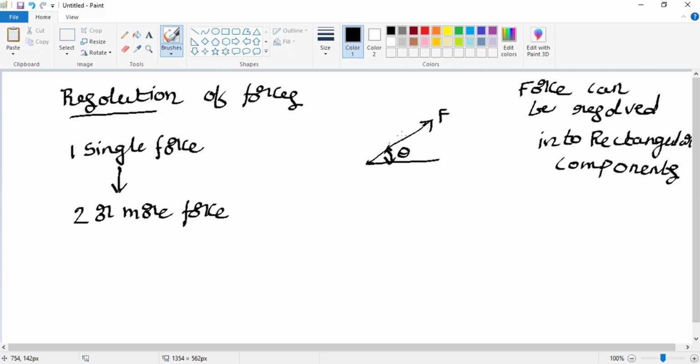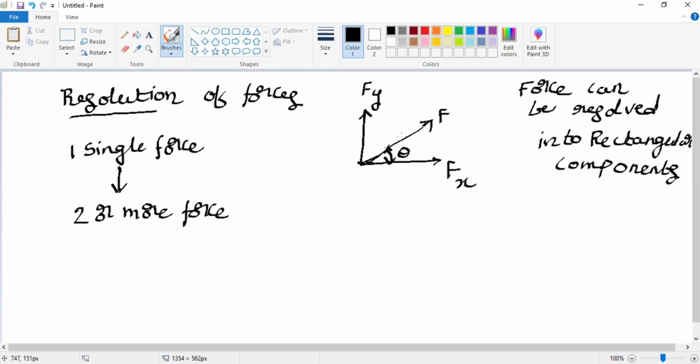I am considering the force F, with the horizontal direction and the vertical direction. This force can be resolved into two forces: the horizontal one is Fx and the vertical one is Fy, along the x-axis and y-axis.